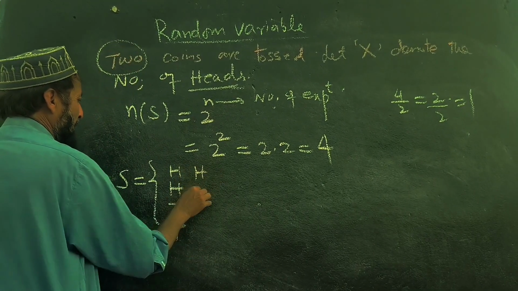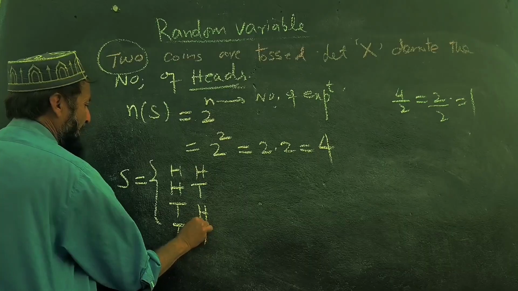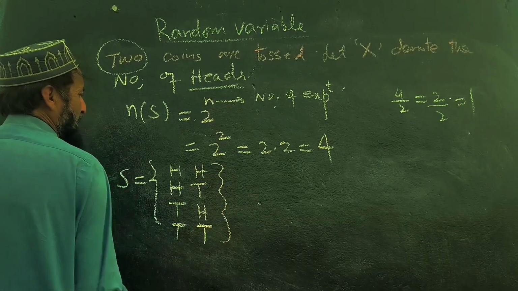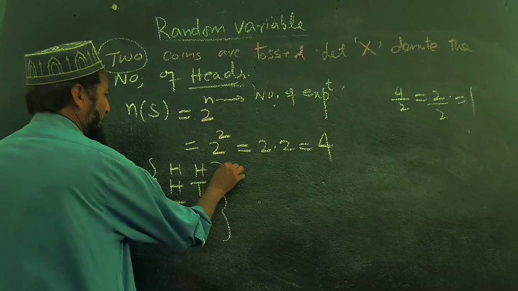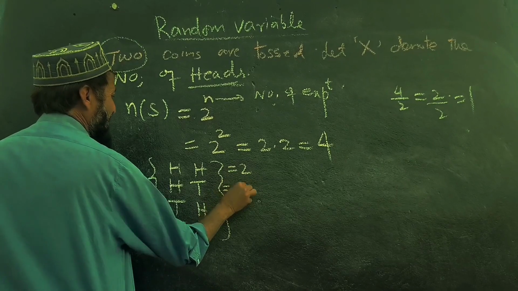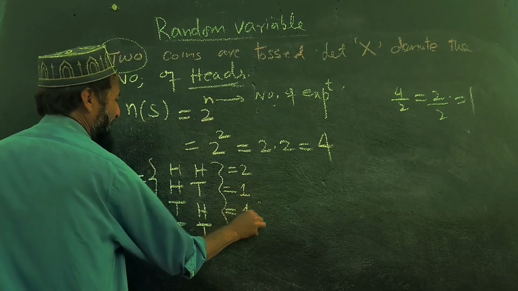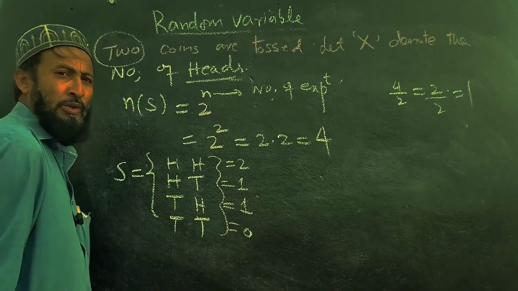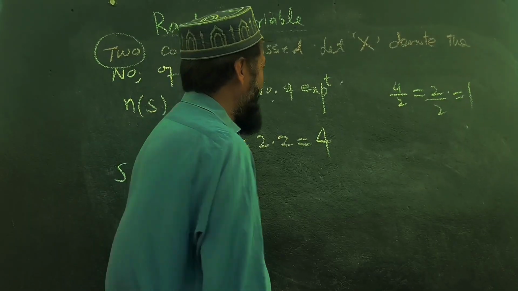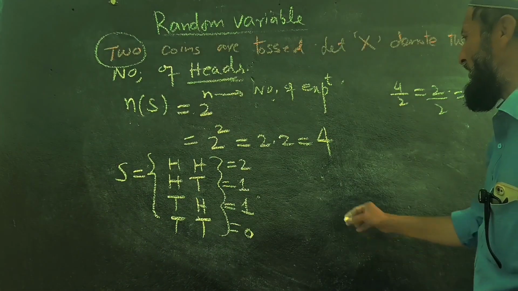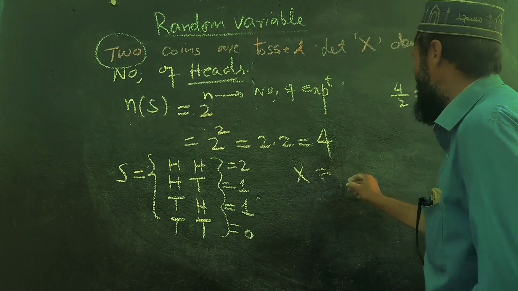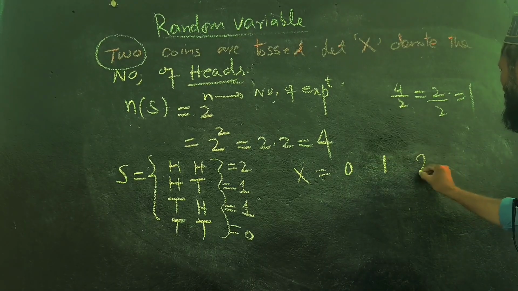So we get 1 head, 1 tail, 1 head, and 1 tail. We check the sample space: there are 2 heads, then 1 head, then 1 head, and then no heads. Let X denote the number of heads. So X is equal to 0, 1, and 2.